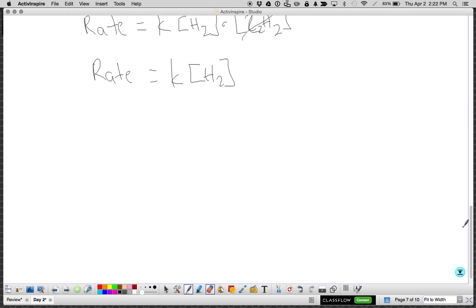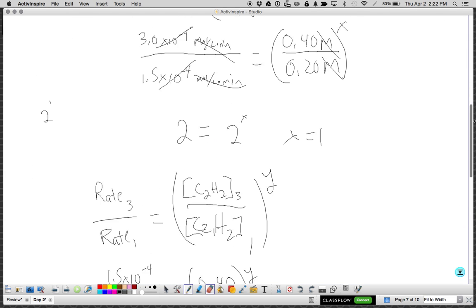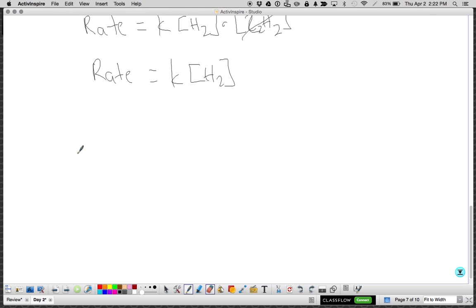I'm just going to pick the first experiment. In this case, k equals rate over concentration of H2.